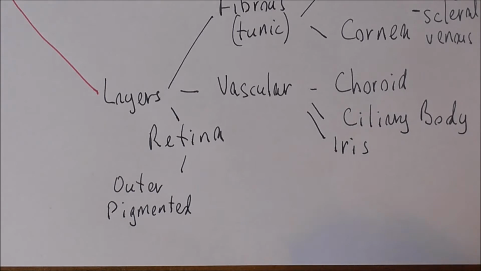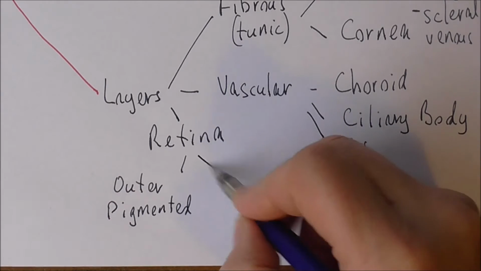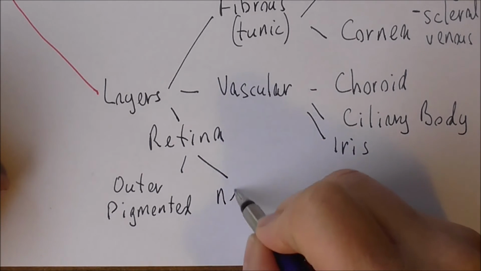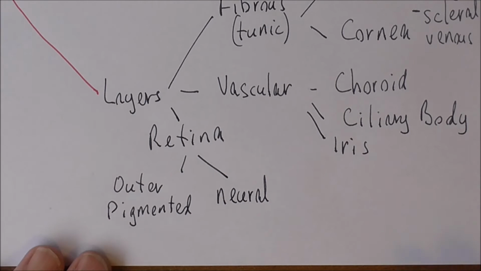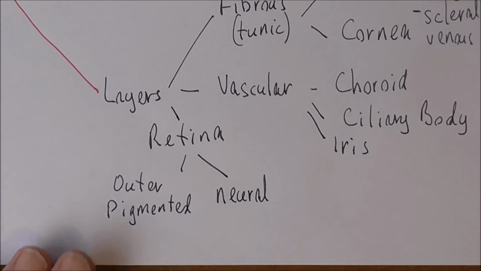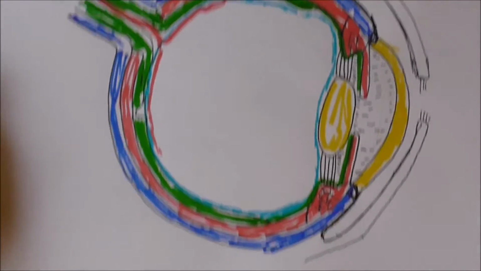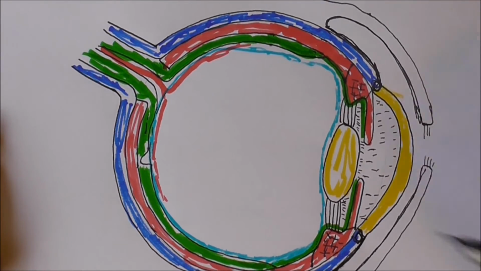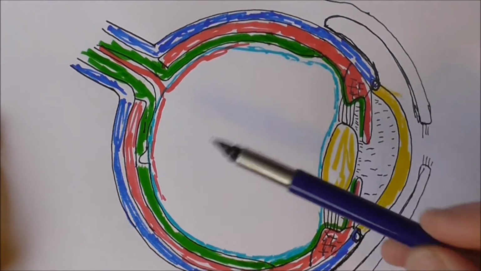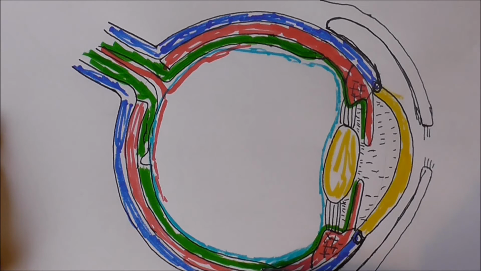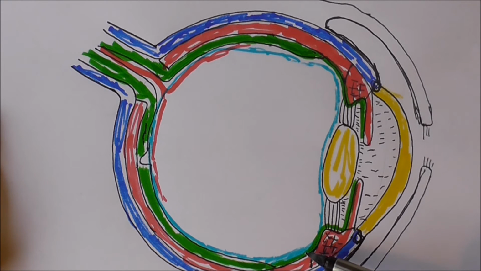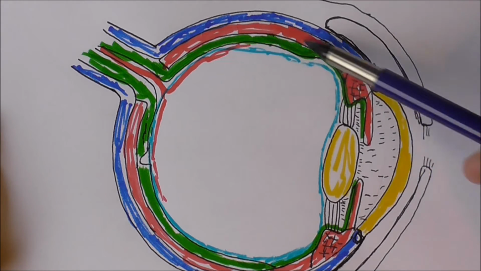But then on top of the pigmented layer, we have the neural layer of the retina. The neural layer. As the name suggests, it's neural tissue. So here we see the neural tissue in green, and we have the retina here. And we notice the retina goes round, and it also goes behind the ciliary body and behind the iris.